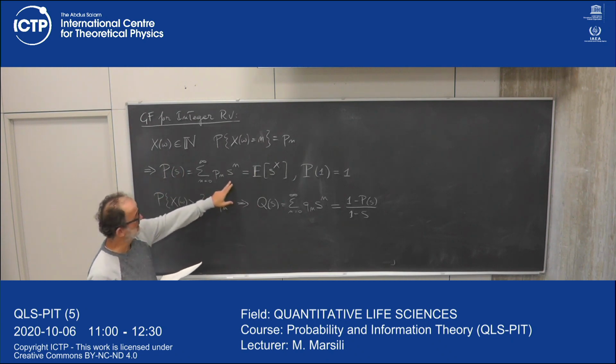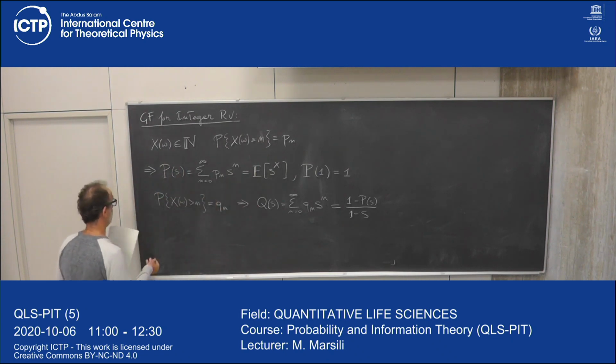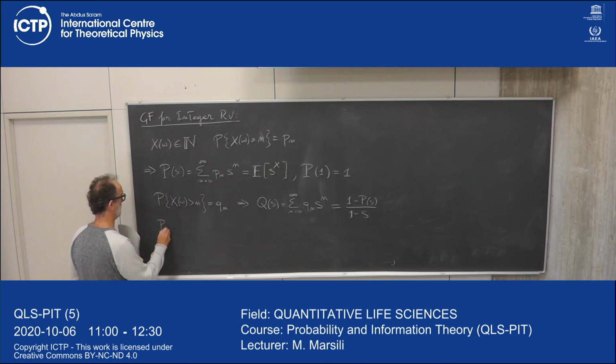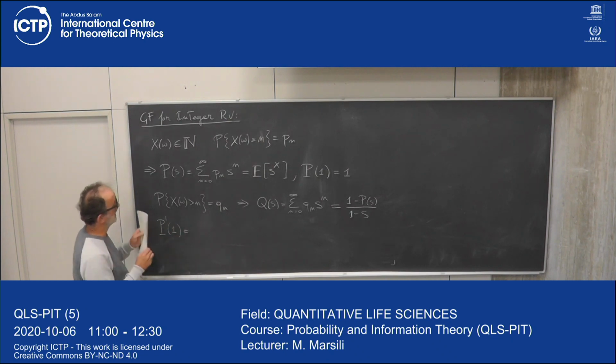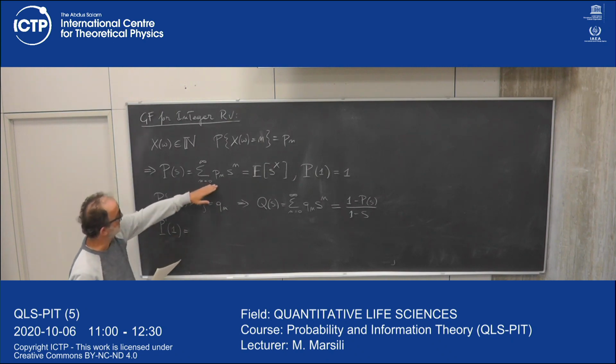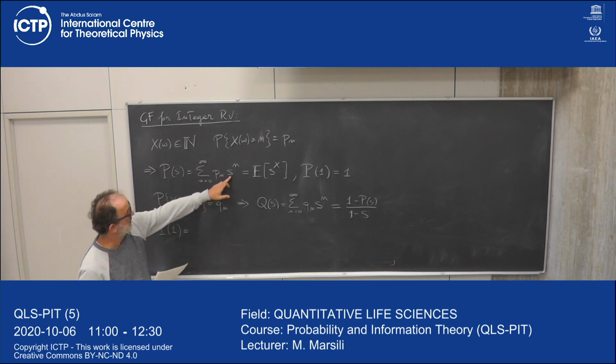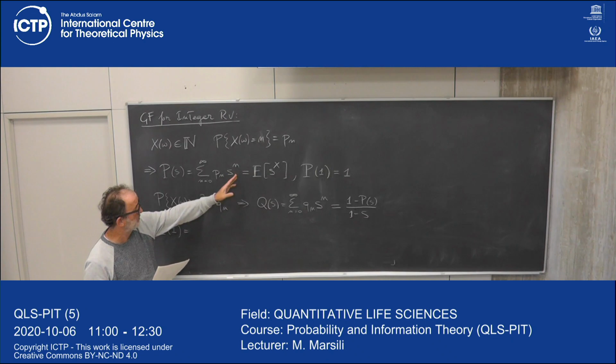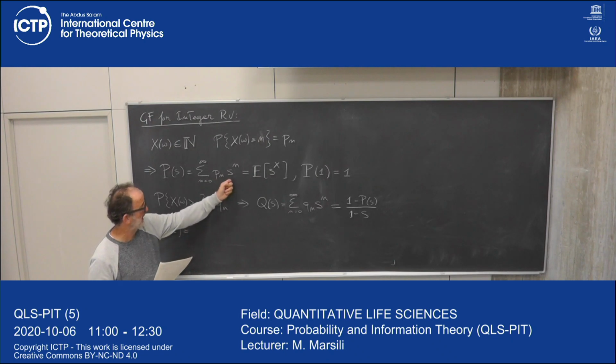By taking derivatives. So if you take the first derivative and you compute it at 1, what happens? If you take the derivative of this, here you get n times s to the n minus 1. When you compute it at s equal to 1, s to the n minus 1 is just 1. So you just get the sum over n of Pn times n.